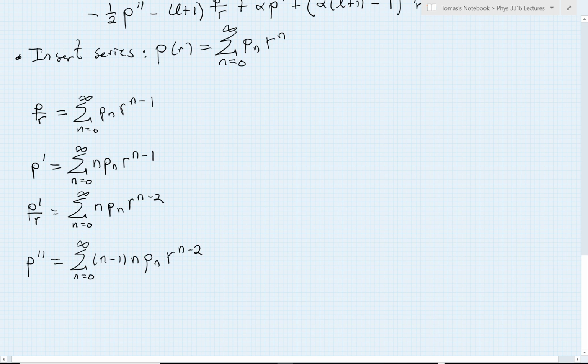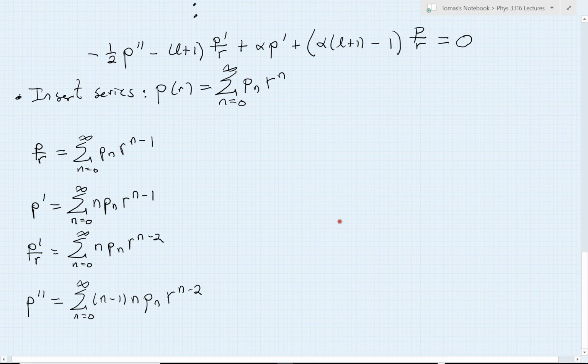Terrific. Now, here's where a little bit of thinking needs to go in. The job now is to insert these into my equation, and what I hope to do is to collect term by term the different powers of R to finally make my final stage of analysis.